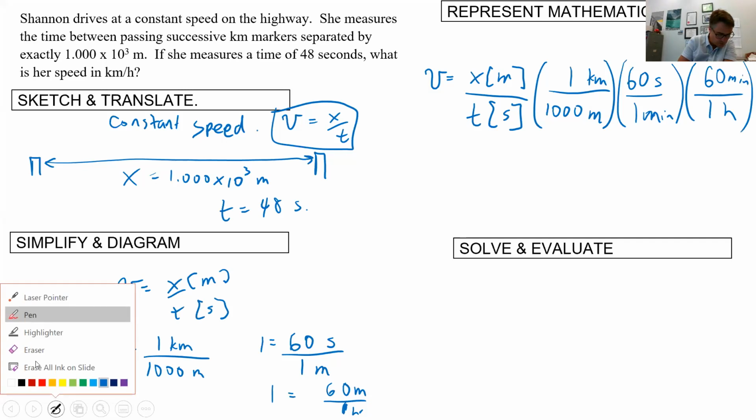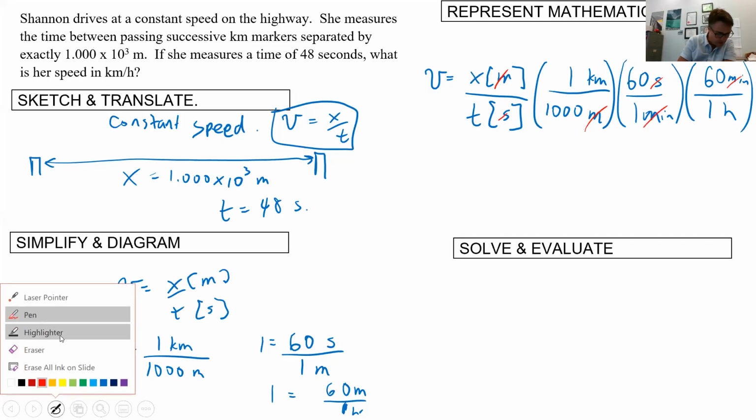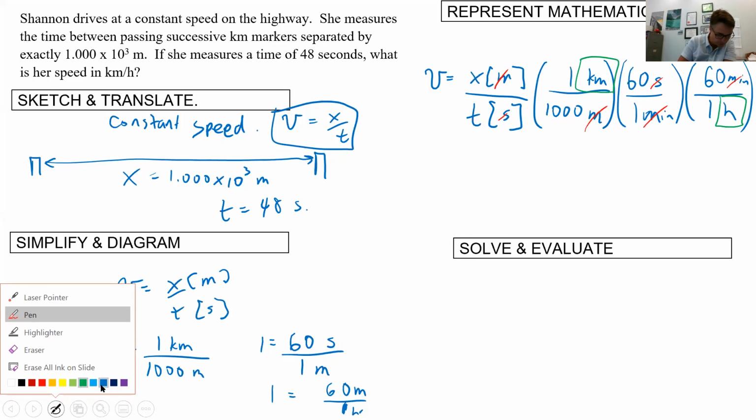I don't know if you can see how those all cancel out, but meters cancels meters, seconds cancels seconds, and minutes cancels minutes, so the only thing left is a kilometer on the top and an hour on the bottom. That's how you get kilometers per hour.